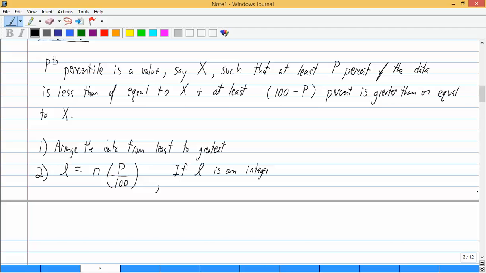So if L is an integer, then you take the average of the data item in the L location and the next data item. So the average of those two.